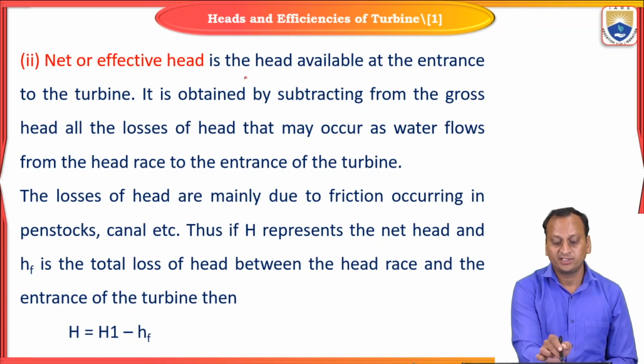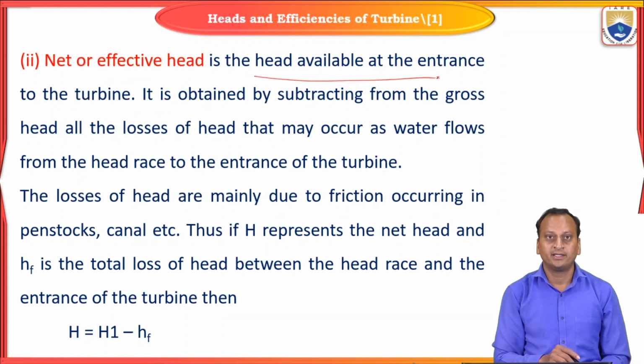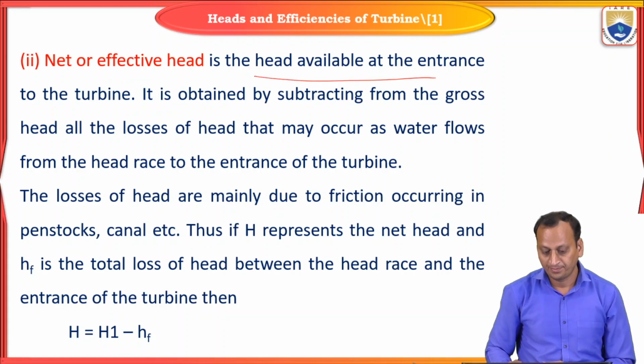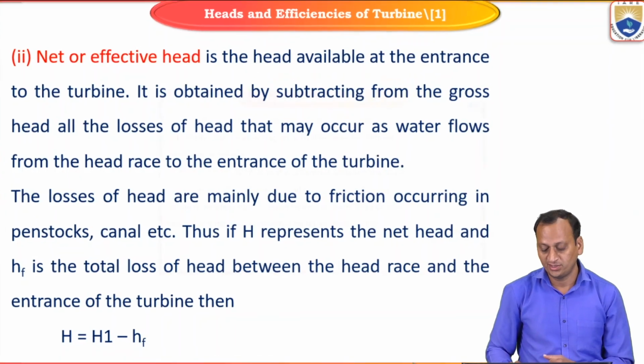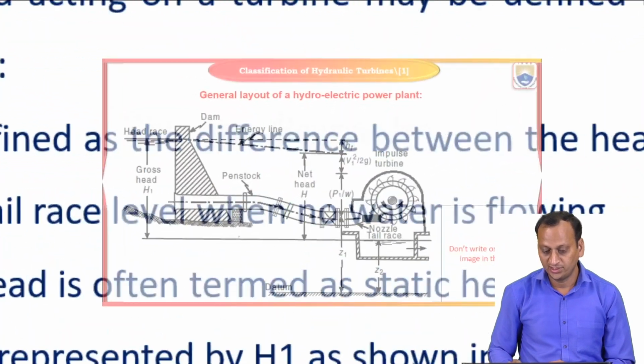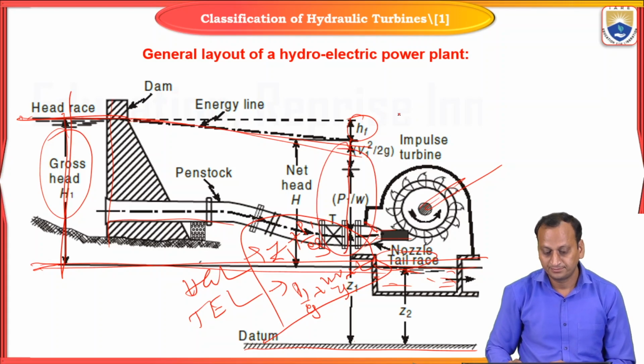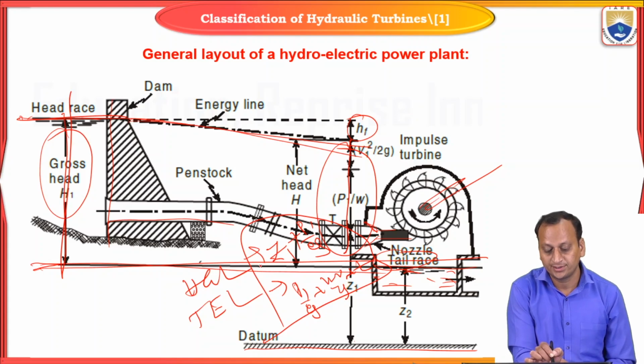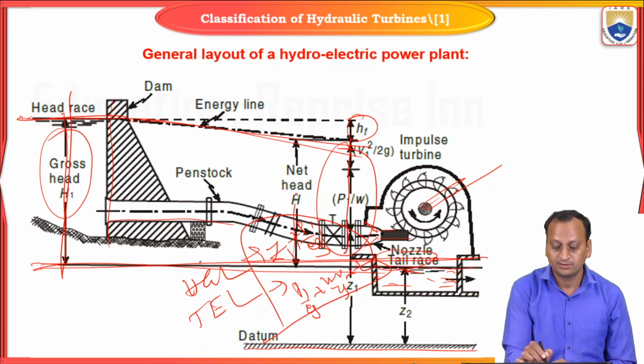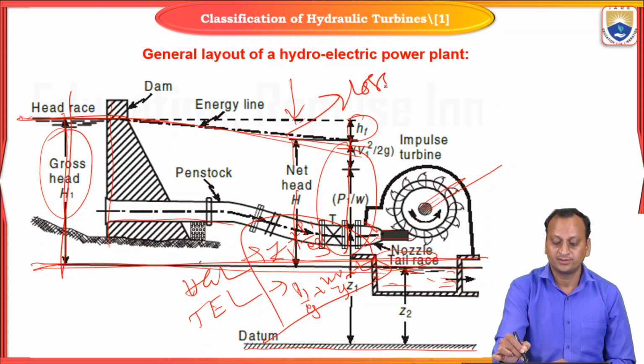The net head or effective head is the head available at the entrance to the turbine, before hitting the turbine, the effective head with which it hits the turbine. This is the available head after removing the losses. Therefore, the net head is defined from the tail race to the total energy line, because the gap between them indicates losses.